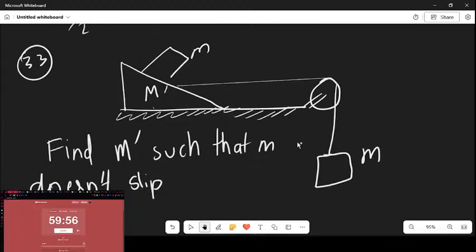okay, this angle is theta. This angle is theta. This angle is theta. Alright. That is mg.